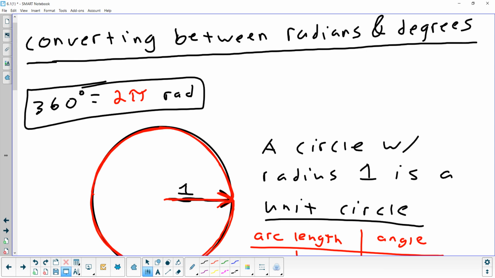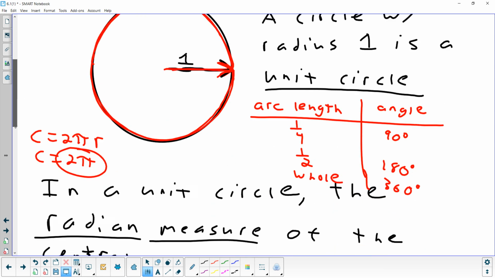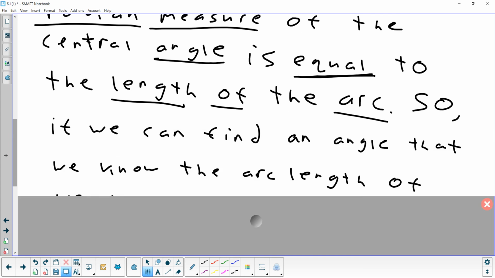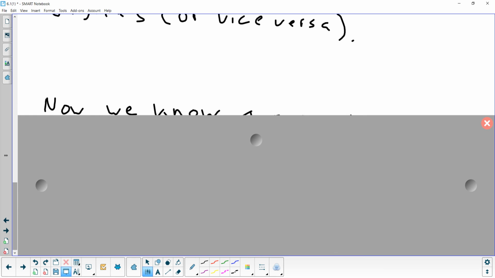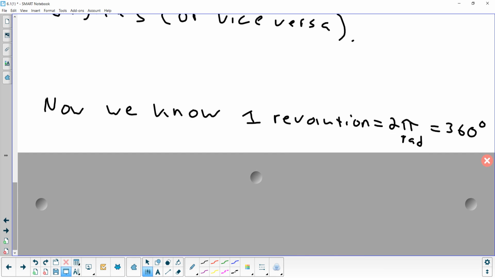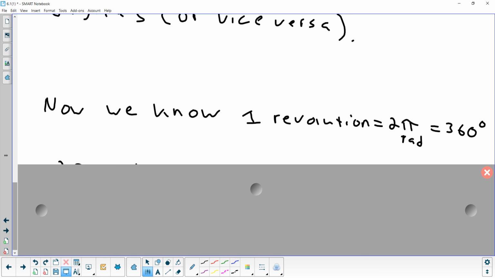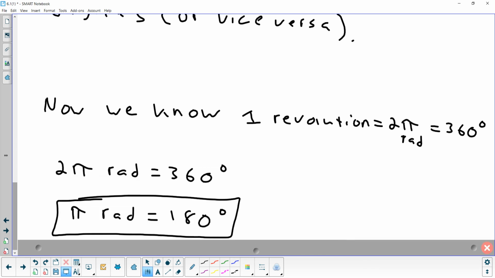Okay, so you have 360 degrees equals 2 pi radians. What could we do on both sides of that to simplify it a little bit? Yep. Divide by 2. We could divide each side by 2. So we could say that in pi radians, there's 180 degrees.